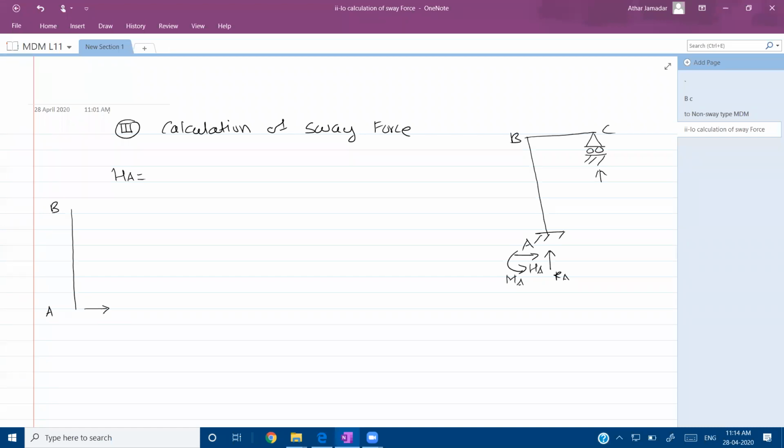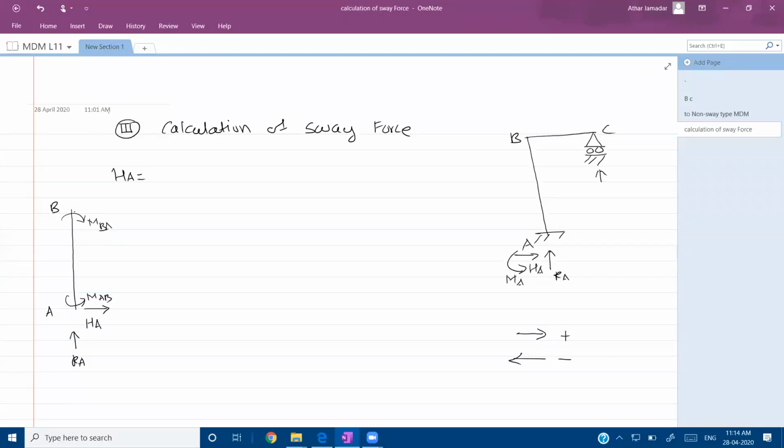For calculation of these horizontal forces, remember we are using the convention that forces going towards right are positive, and forces going towards left are negative. So this Ha, then there will be this Ra, then this moment MAB, and similarly moment MBA.